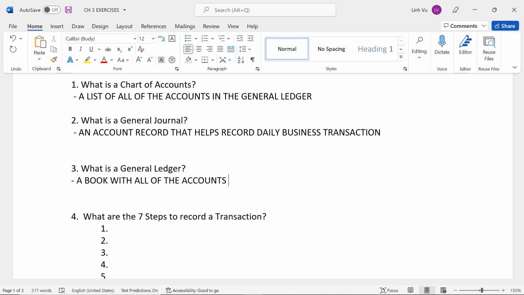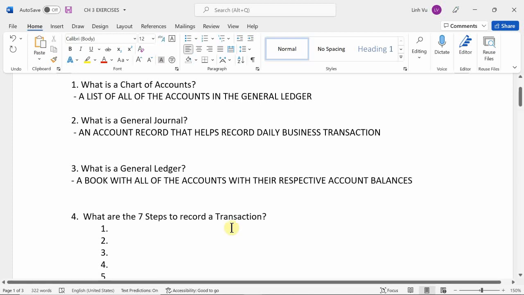To see the balance. Good. It's a list of all of the accounts with their respective account balances, whereas your journal is just your daily transactions.